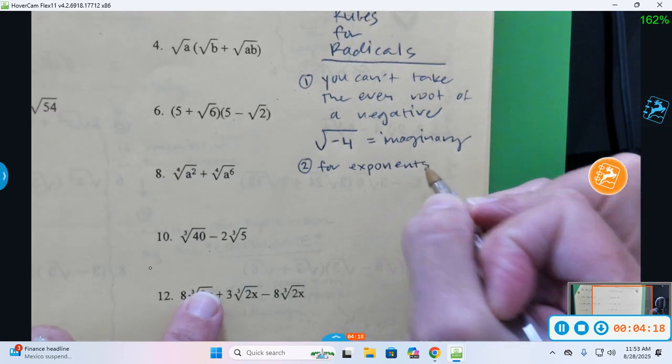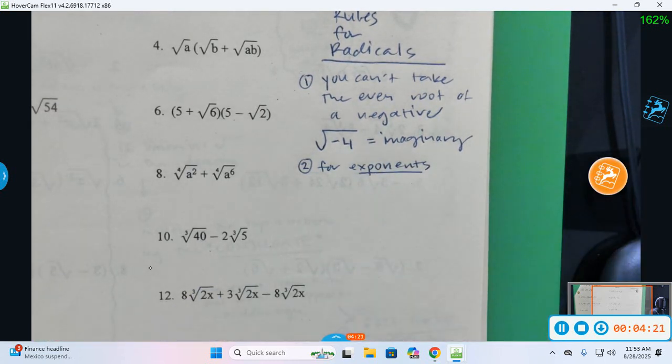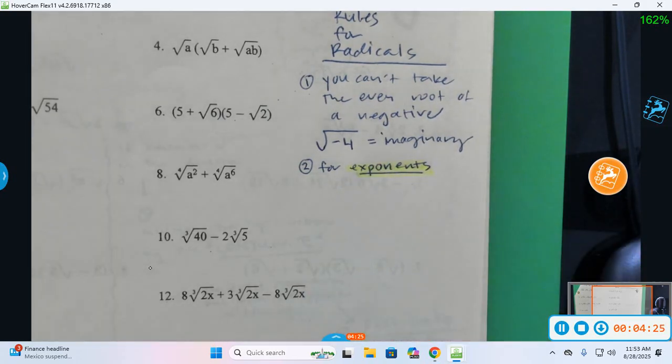Now, this rule that I'm giving you, just like we learned on the first or second day of class, the rules for exponents with monomials. And Kayla, tell us where exponents are located. Right, top right. So this rule that I'm getting ready to write down on this piece of paper only applies to exponents. But that's not scary because we've already had some rules that only apply to exponents.